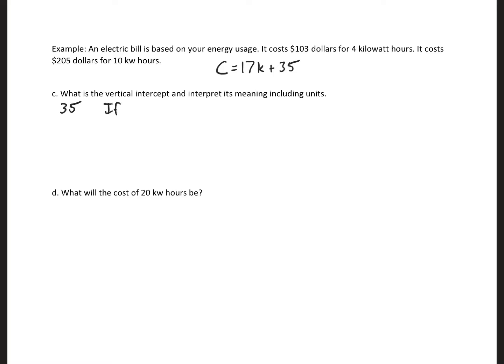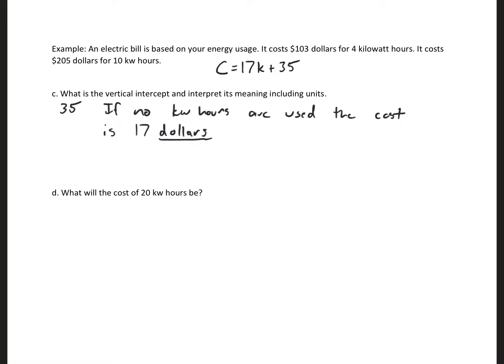So if no kilowatt hours are used, the cost is $35. It's important to note the units of the vertical intercept will always be the same as the units of the output because it is corresponding to an output.